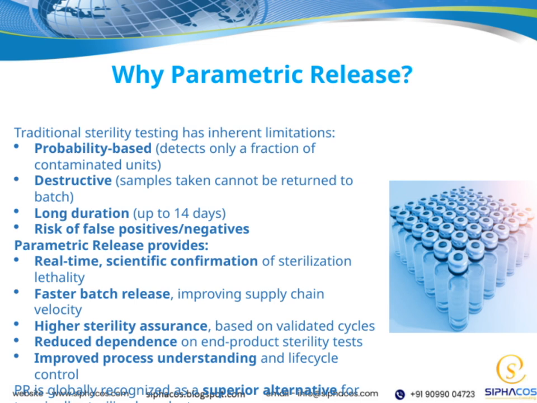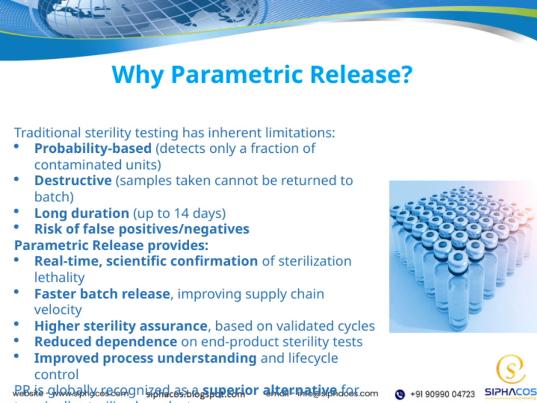It offers real-time, scientific confirmation of sterilization lethality, so we don't have to wait weeks to be sure. This allows for faster batch release, ultimately improving supply chain velocity. Parametric release also provides higher sterility assurance because it's based on validated sterilization cycles, giving us confidence in the process rather than just testing the final product.